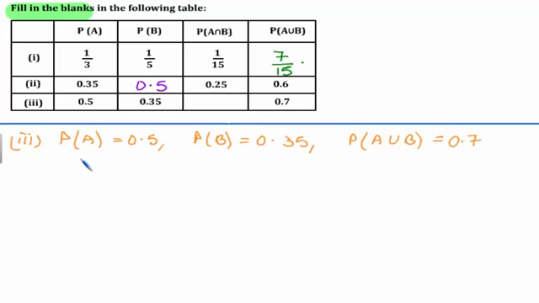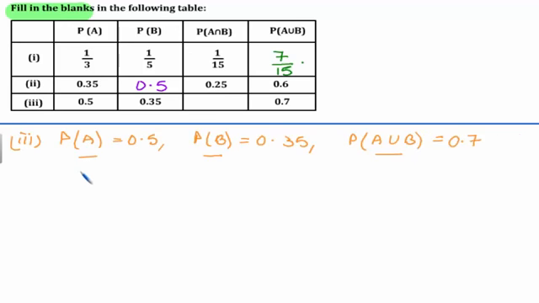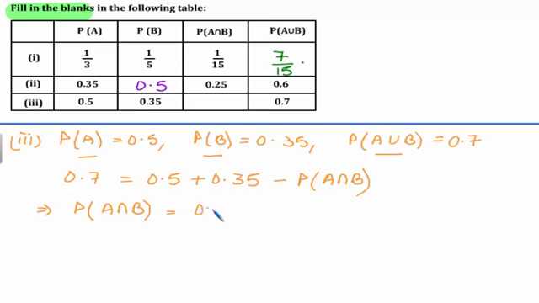Now, substituting the values of probability of A, probability of B, and probability of A union B in this formula, we get 0.7 is equal to 0.5 plus 0.35 minus probability of A intersection B. This implies that probability of A intersection B is equal to 0.5 plus 0.35 minus 0.7, and this is equal to 0.15.